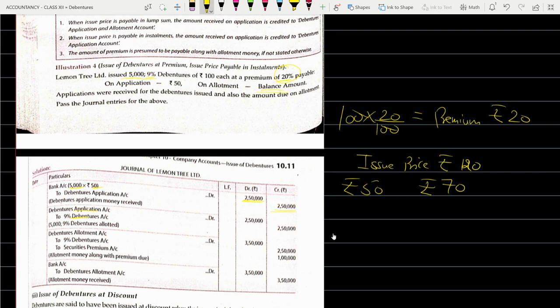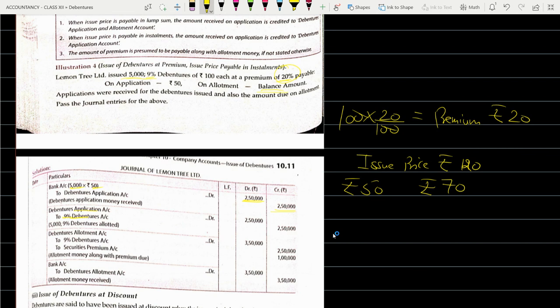So whenever there are two different percentages in the problem, one percentage that denotes your interest rate and another that denotes your premium, make use of the interest percentage for the debentures, never use the percentage pertaining to the premium. Is this clear to you? So 9 percent only to be used here. So debenture application account debited to 9% debenture.